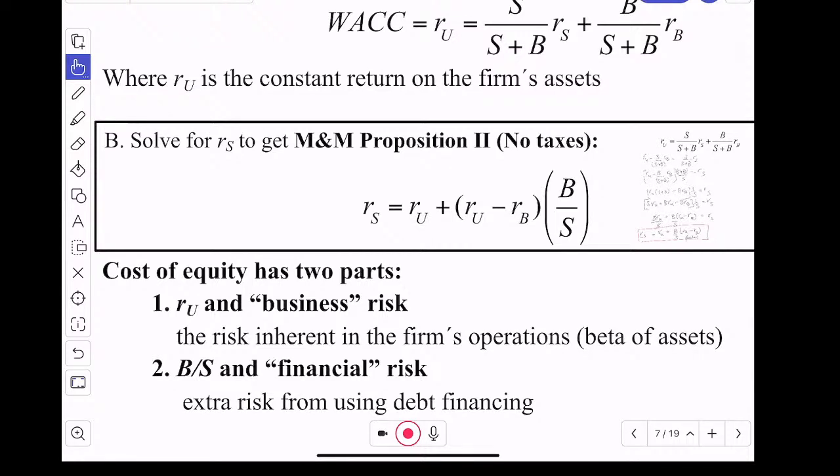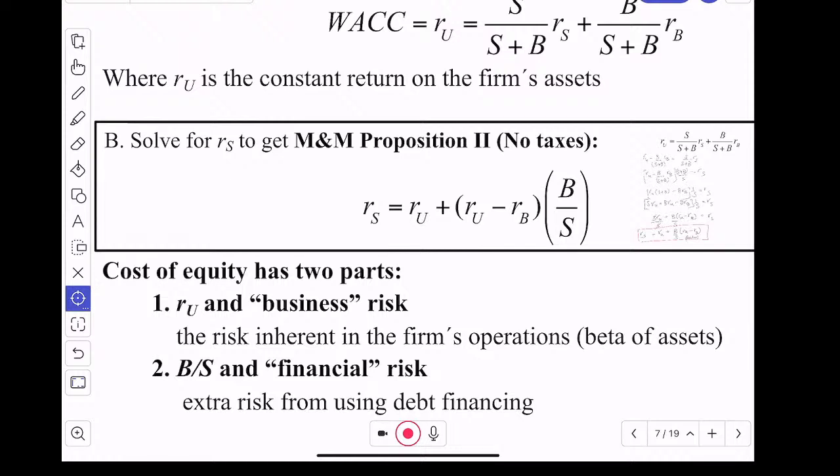All right, so cost of equity. The cost of equity in the levered firm has two parts. RU, otherwise business risk. This is the risk inherent in the firm's operations, as captured by the beta of assets.